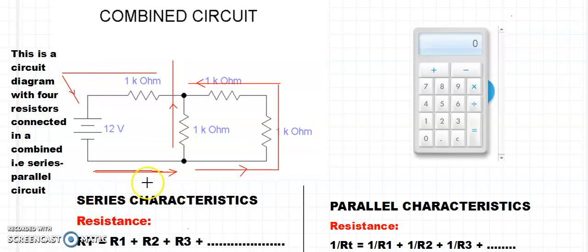So we can see that this resistor is basically dividing the current at this node, and some of it goes in this direction according to the resistance and part of it goes in this direction. Here you can see the same current flows through this resistor as well as this resistor. So these two resistors are in series.